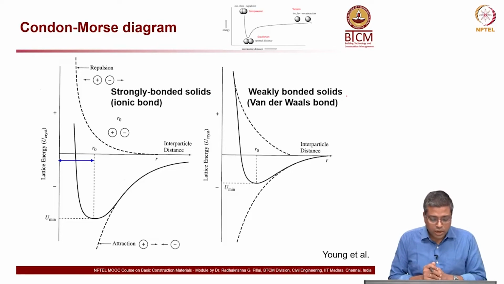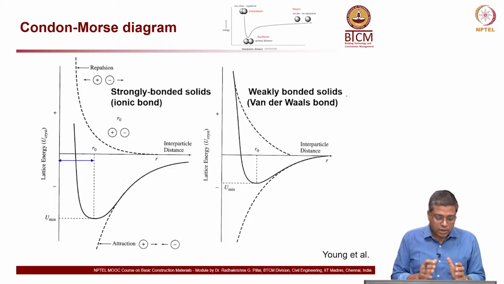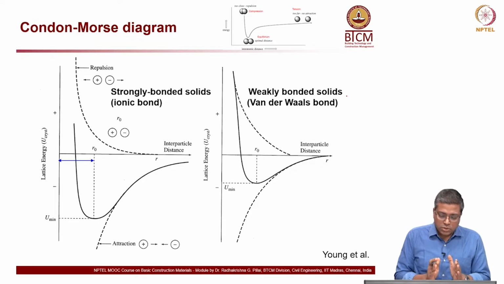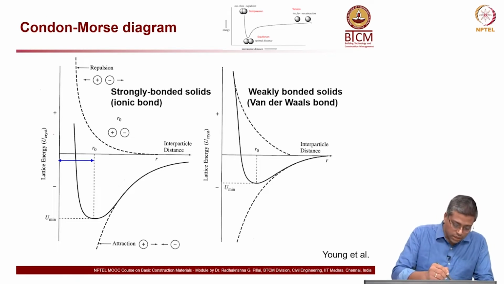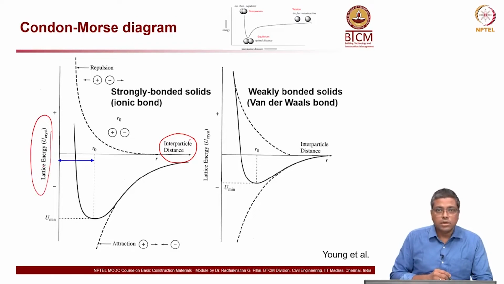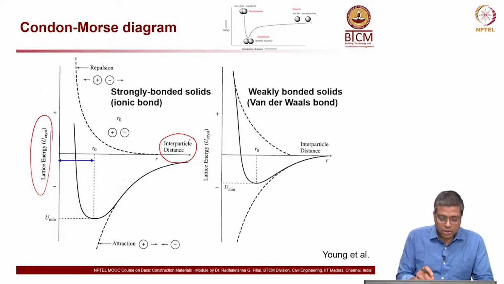So, this is why when you try to stretch something there is a reaction from the material which you experience. That is because of those attractive forces. Now, let us look at the same graph in a little bit more detail. Focus on the left side of the graph, where the interatomic distance is the abscissa and lattice energy is the ordinate, or the distance versus the energy level.